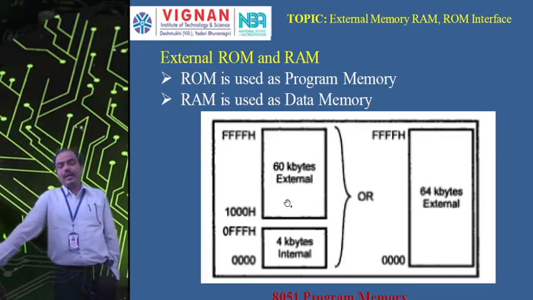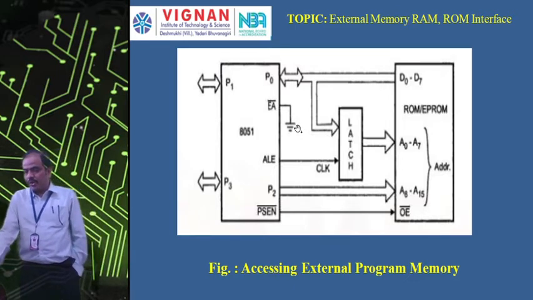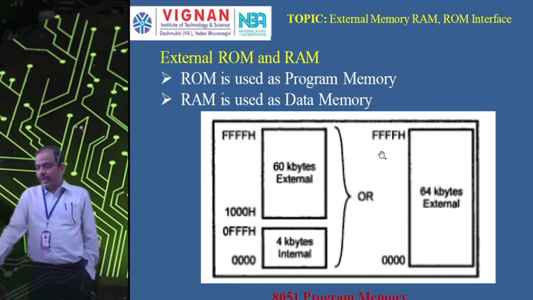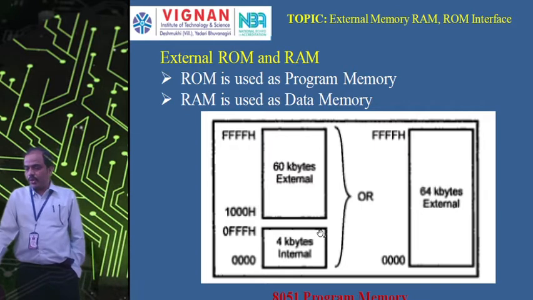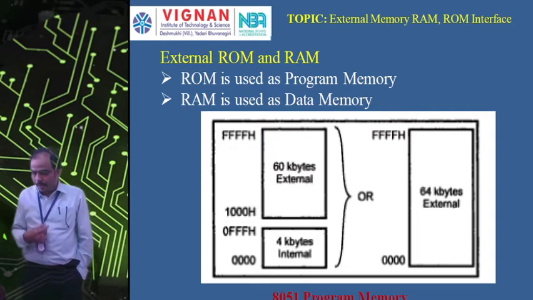On the other hand, when EA bar, the external access pin, is connected to ground, all the addresses, that is from 0000H to FFFFH, are fetched by the program or directed to the external ROM or EEPROM.